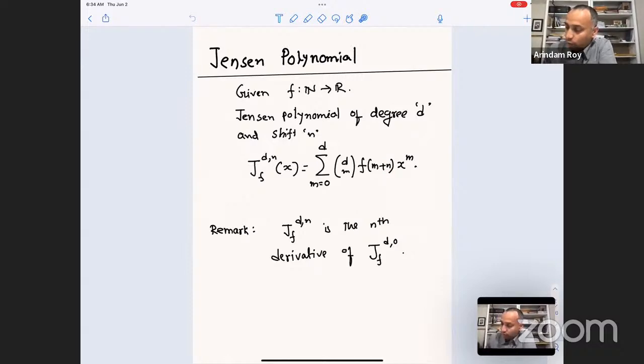So this is just a polynomial where the coefficients are binomial coefficients times the sequence with the shift.